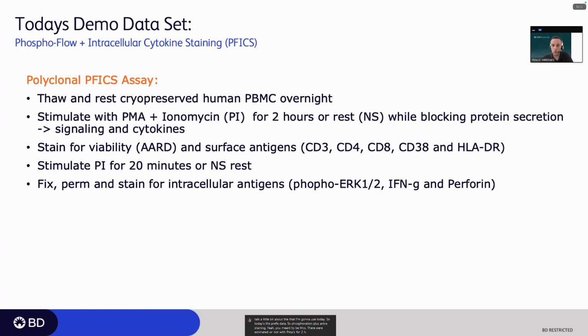Then we blocked the protein secretion with Golgi Stop, and we stained for viability dye, surface antigens CD3, CD4, CD8, CD38, and HLA-DR. Then we re-stimulated those cells with PMA ionomycin for 20 minutes, or we didn't, and we fixed, permeabilized, and stained for intracellular antigens, which are phosphorylated ERK1 and 2, interferon gamma, and perforin.